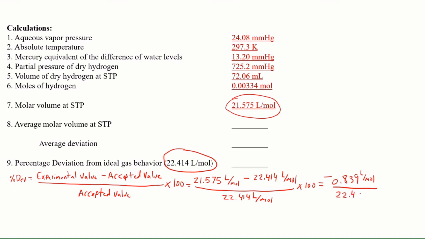Divide by 22.414 liters per mole multiplied by 100. This will give me a percentage of negative 3.74%. Okay, and again, I have a negative percentage because my experimental molar volume at STP is lower than the accepted.